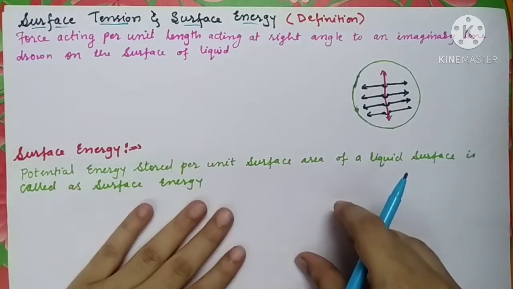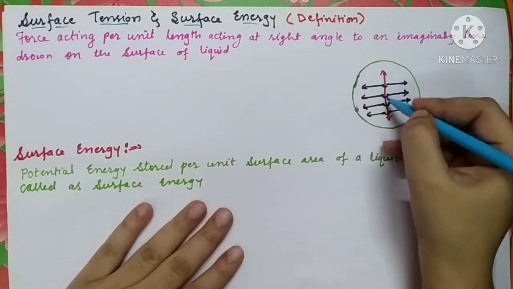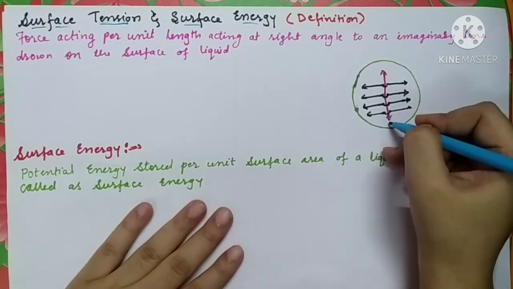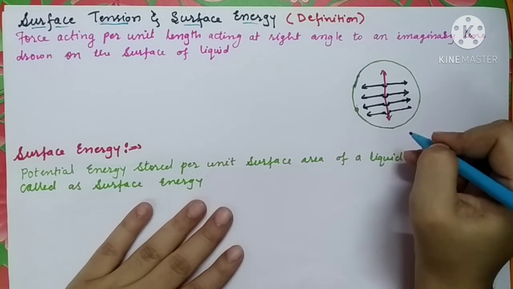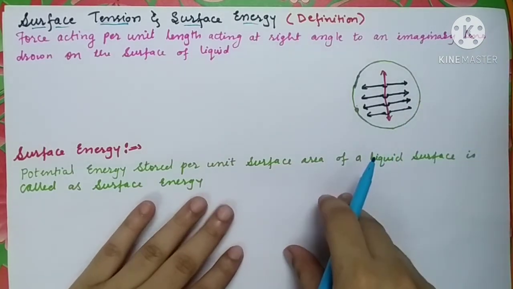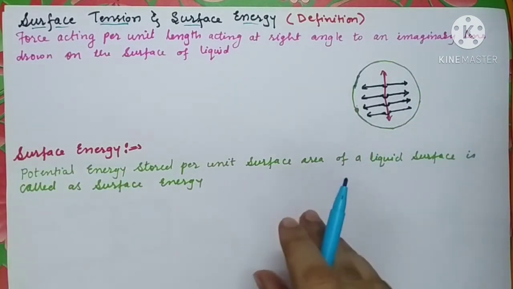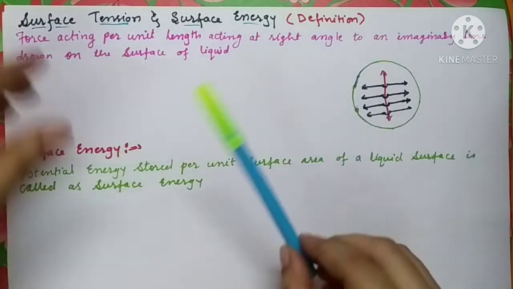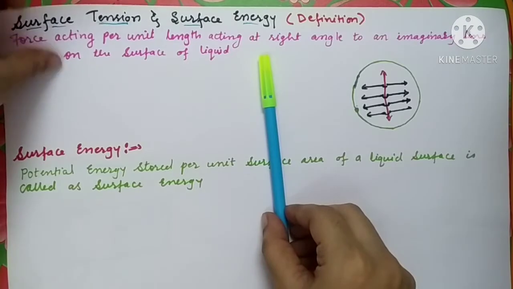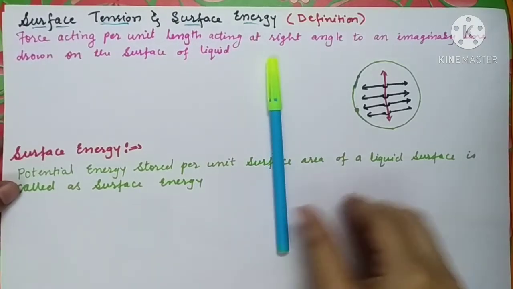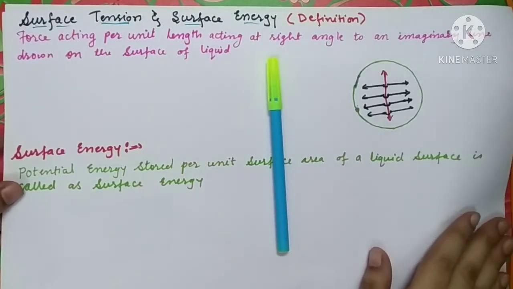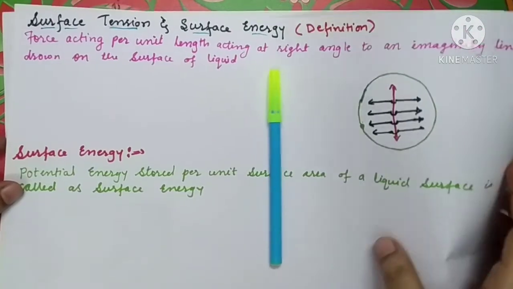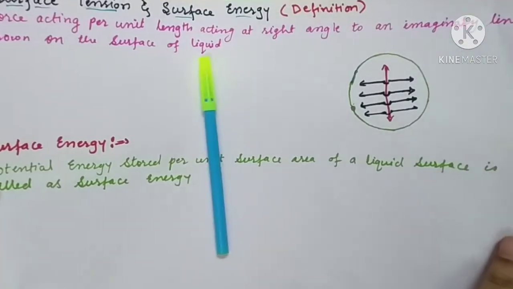So let's have the concept here. We have taken this imaginary greased needle on the surface of a liquid. Suppose you are placing one pen on the surface of this plain paper. This surface is exactly flat. But what will happen when you place one pen?